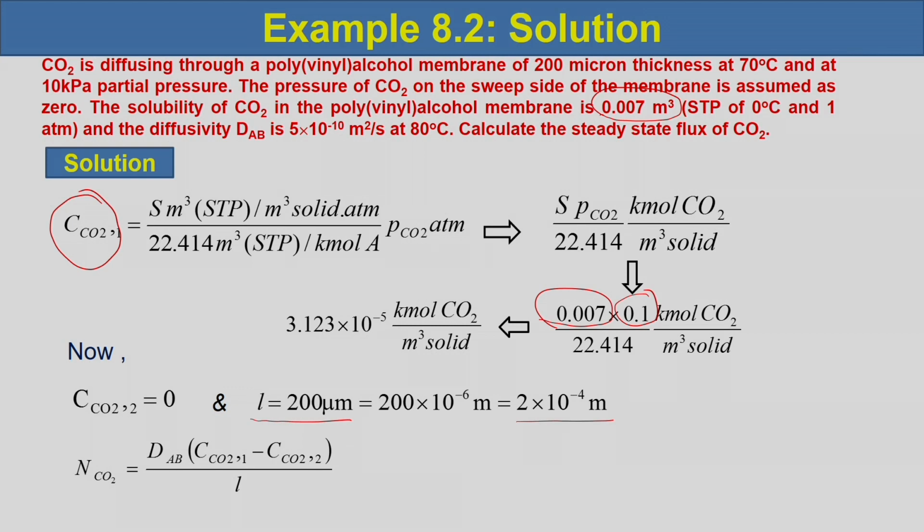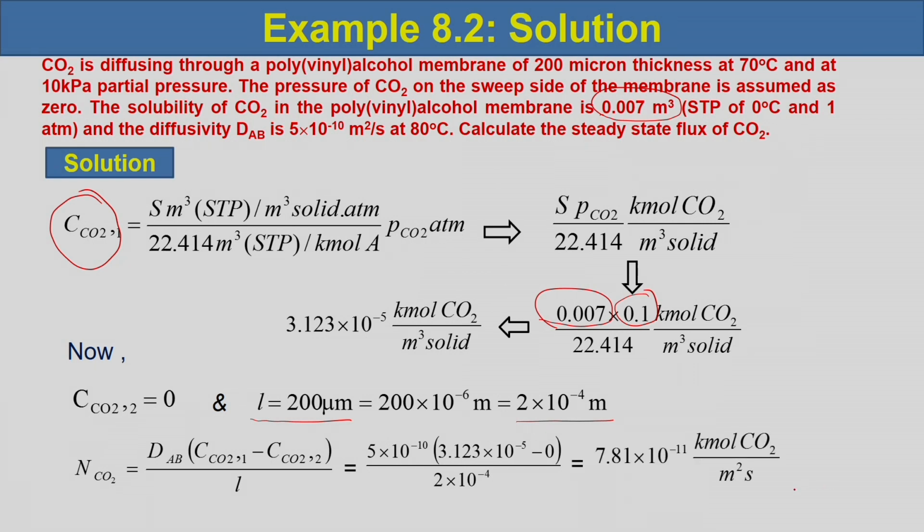Now, if we substitute these values in the flux equation, we will have the diffusivity of carbon dioxide in the solid, which is 5 into 10 to the power minus 10, into 3.123 into 10 to the power minus 5 minus 0, divided by 2 into 10 to the power minus 4, which is equal to 7.81 into 10 to the power minus 11 kilomole carbon dioxide per meter square second.